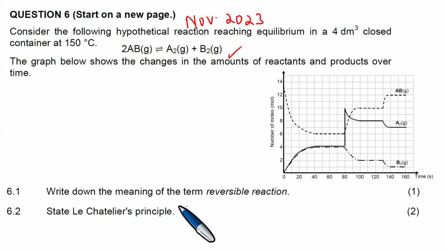Write down the meaning of the term reversible reaction. What kind of a reaction is reversible? 1 mark. This is what they asked November last year. What is a reversible reaction?